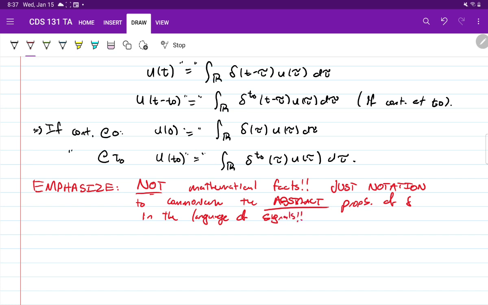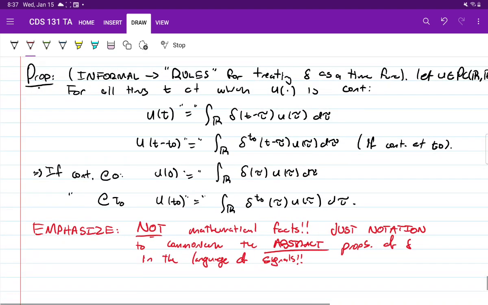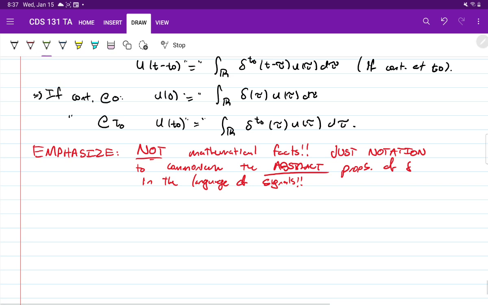Okay? So you should never use these formulas in a mathematically rigorous context. Okay? Just think of them as helpful notation that'll give you insight into what the delta function is doing. Just because we're very familiar with signals that are functions of time, and this helps us reason about things. All right?